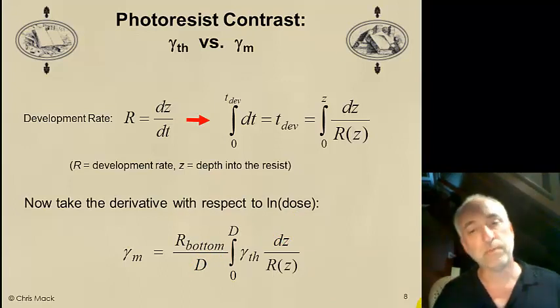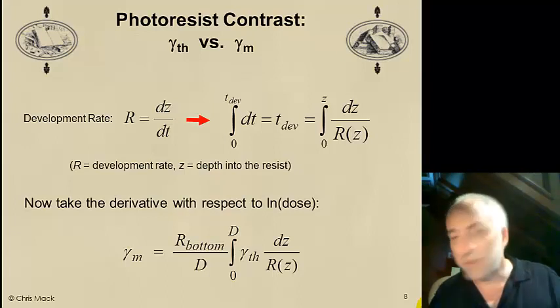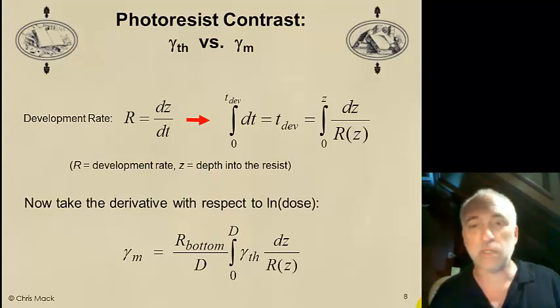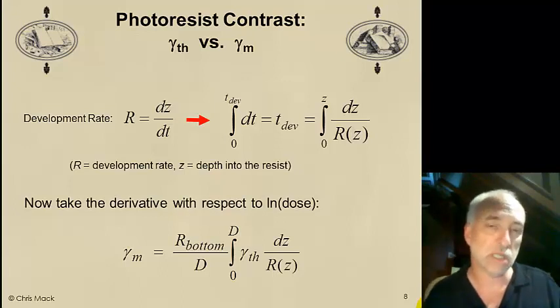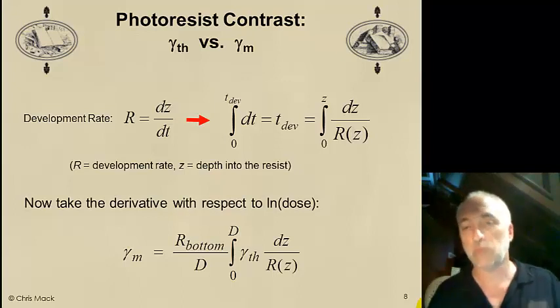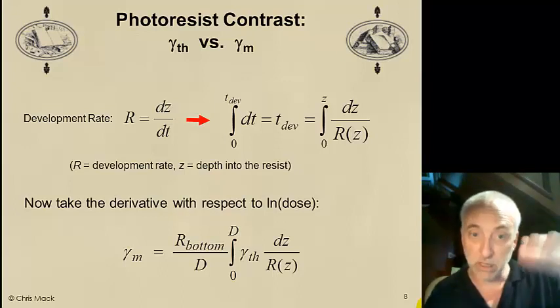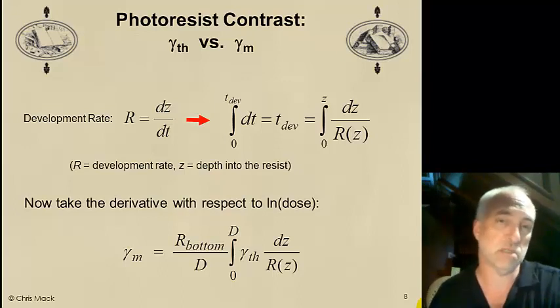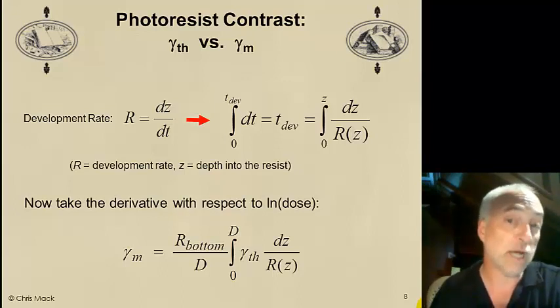In other words, my old way of measuring it, using the characteristic curve, relative thickness remaining versus log exposure dose, produces the same answer as my theoretical definition of contrast whenever the development rate does not vary from top to bottom of the resist. This is the key finding here.